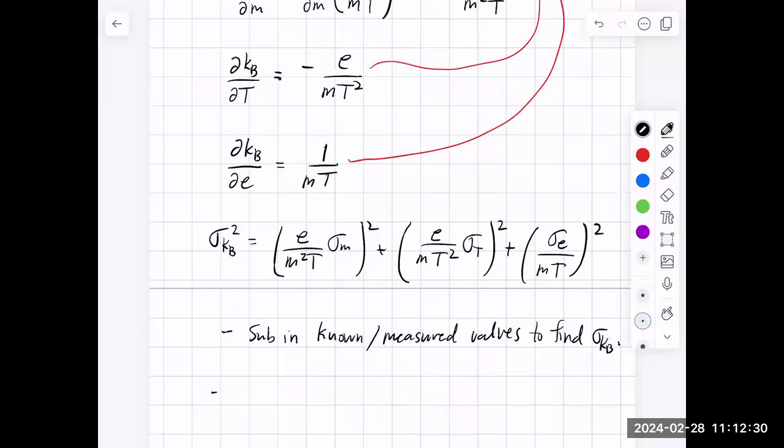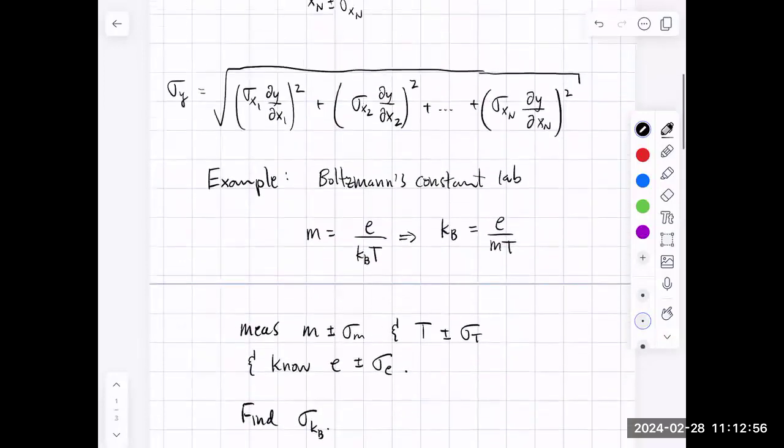If you were to do this using first year rules, you'd say, okay, I have a quotient rule, but in the quotient I have a product. So first I do the product rule for that one, and then I do the quotient rule for the others, and so you have to do all these little steps. What I like about this propagation of errors analysis is that you don't have to remember any rules.